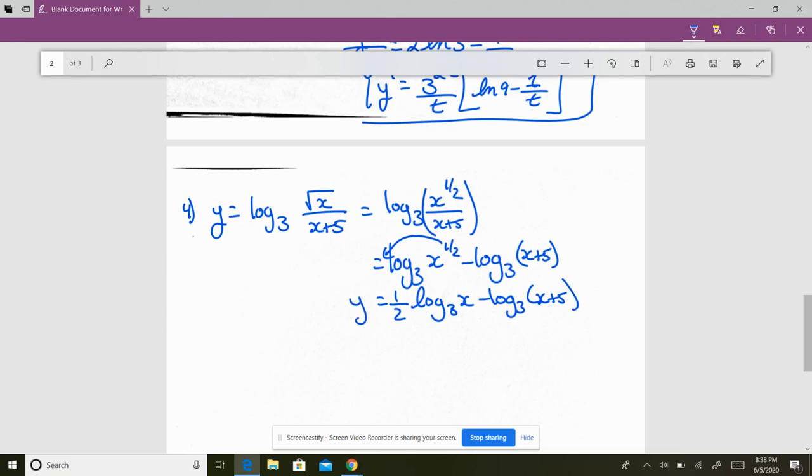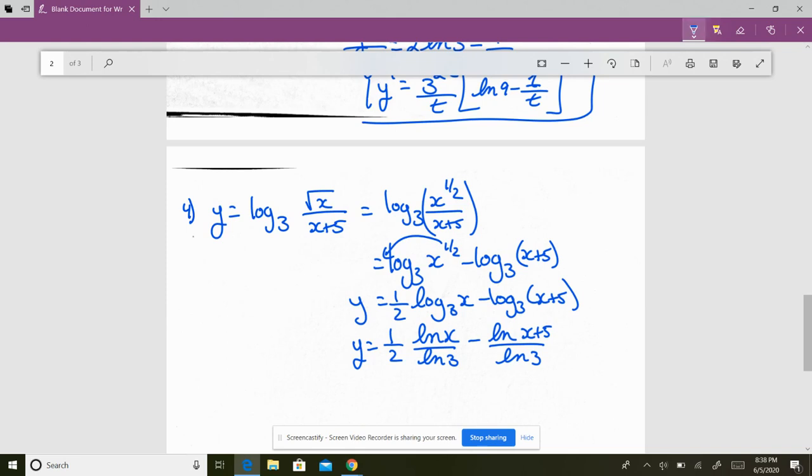Now, that's the setup. Now I don't want to derive log base 3 of x. I want to change the base. So I change it to natural log. So it's natural log of x over natural log of 3 minus natural log of x plus 5 over natural log of 3. And now at this point, I can derive it.